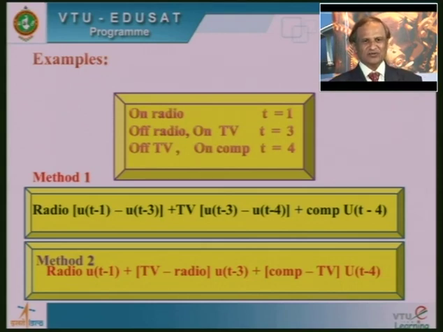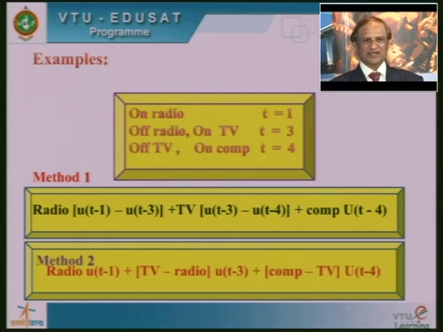We can write the same thing using another method. In method 1, some common unit step functions are repeated, namely u of t minus 3 and u of t minus 4. Instead of writing them repeatedly, you can use method number 2. Radio into u of t minus 1 means the radio will be on at t equals 1.